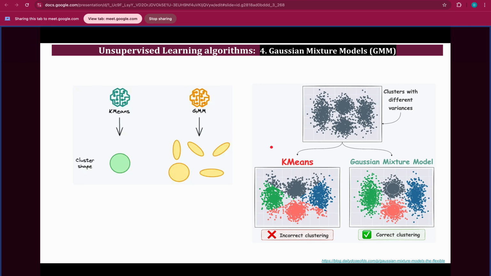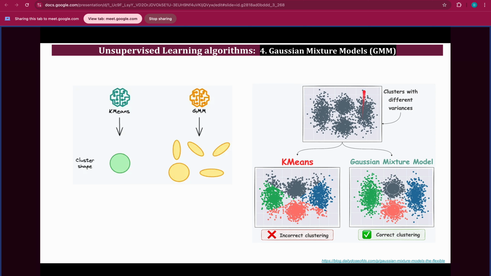Yeah, so now let's move forward to Gaussian mixture models. As I have talked about earlier, Gaussian mixture models are advanced models. The first assumption is that your distribution should be a normal distribution, and the second thing is that it is merging multiple normal distributions. In that way it is able to adopt elliptical shapes.